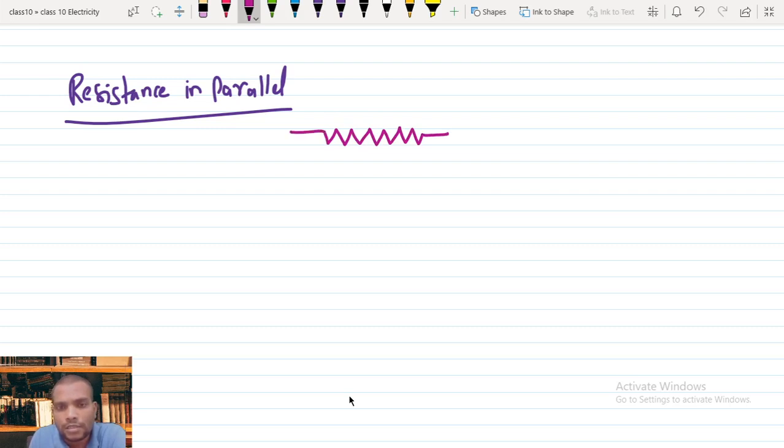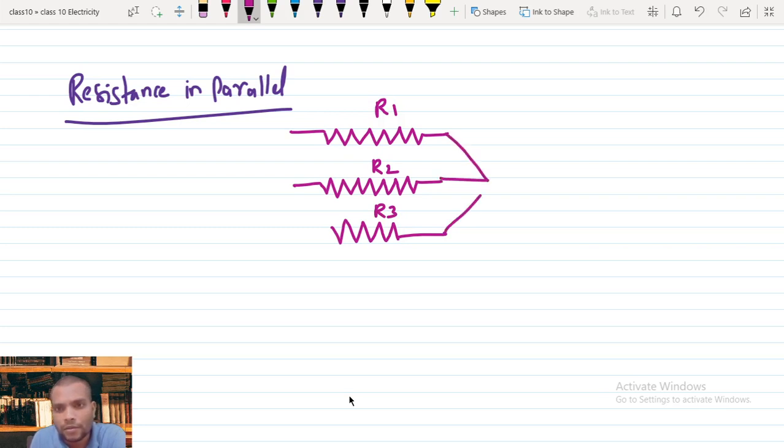which we can call R1, and another resistance which is R2, and a third resistance which is R3. If they are connected in parallel, you can see how we need to join.